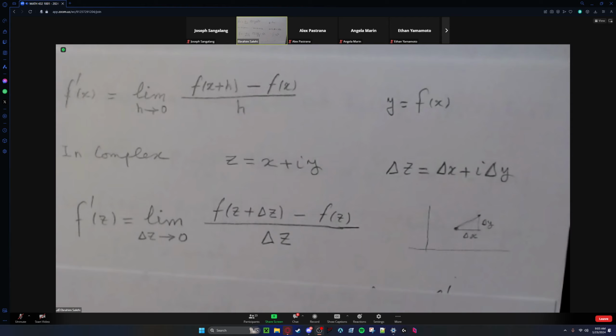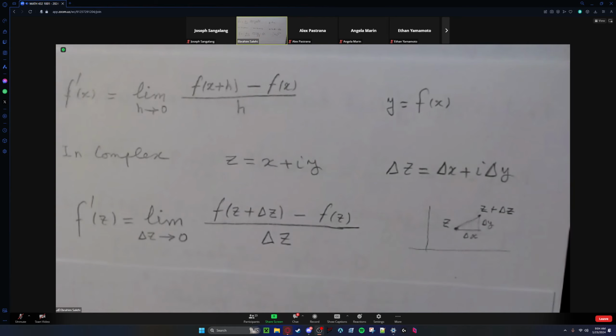Okay? So here is z, and z plus delta z is this point. So the value of the function at this one minus the value at this one, divided by delta z as delta z approaches 0, that is the derivative.